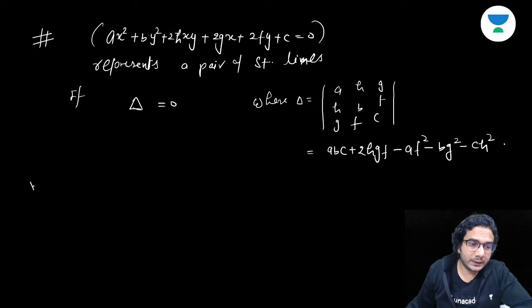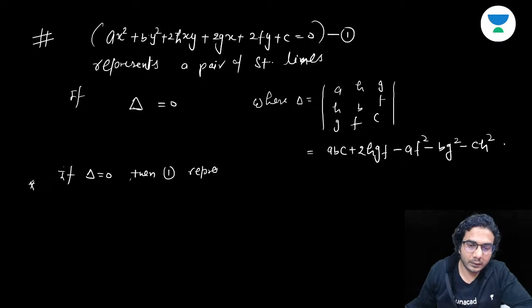Now, second point I'm asking you, this is equation number 1. Now 1 represents a line, because delta is 0. So if delta is equal to 0, then 1 represents two lines.